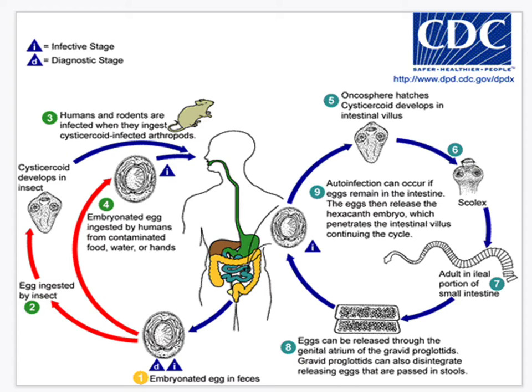You can get auto-infected through the fecal oral route if you still don't observe proper hygiene after all of those, or you can get auto-infection still if the eggs remain in the intestine.